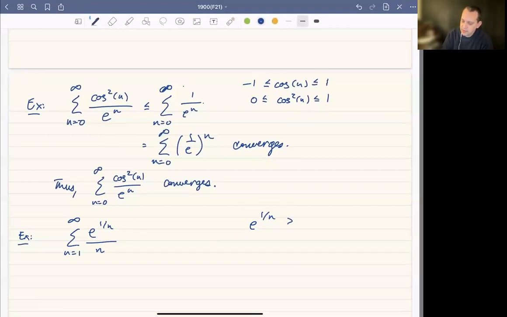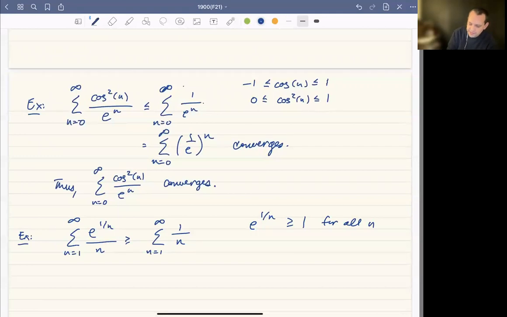But e to the 1 over n is greater than or equal to 1 for all n. And that turns out to be the relevant inequality for us here. So this is greater than or equal to 1. And therefore, e to the 1 over n divided by n is greater than or equal to 1 divided by n.